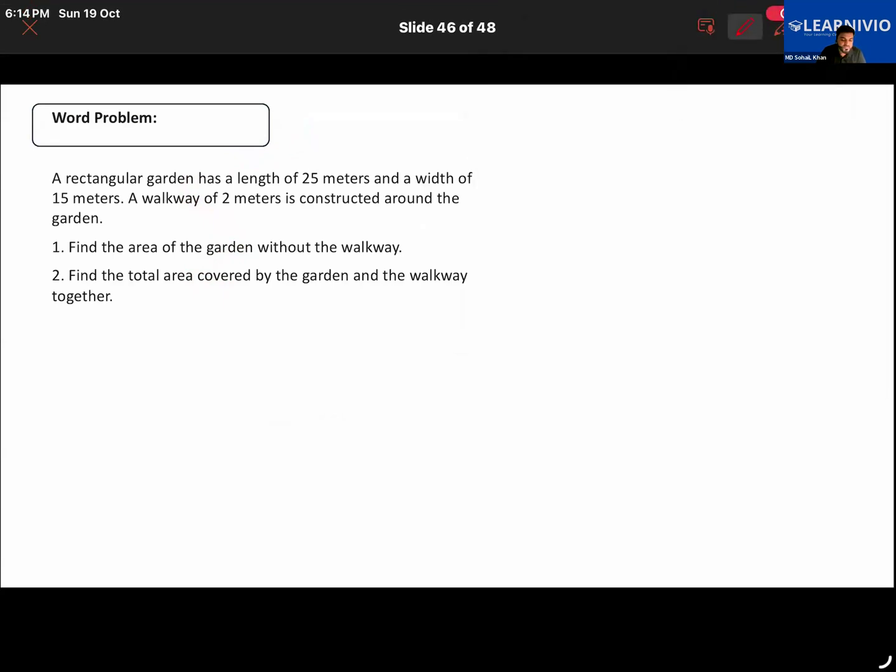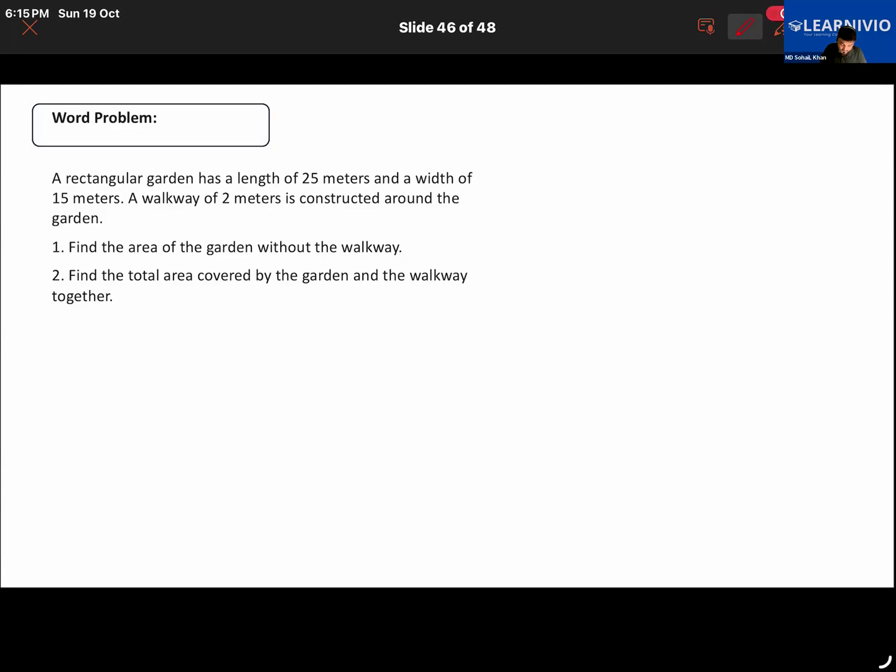Read the question yourself. A rectangular garden has a length of 25 meters and a width of 15 meters. A walkway of 2 meters is constructed around the garden.